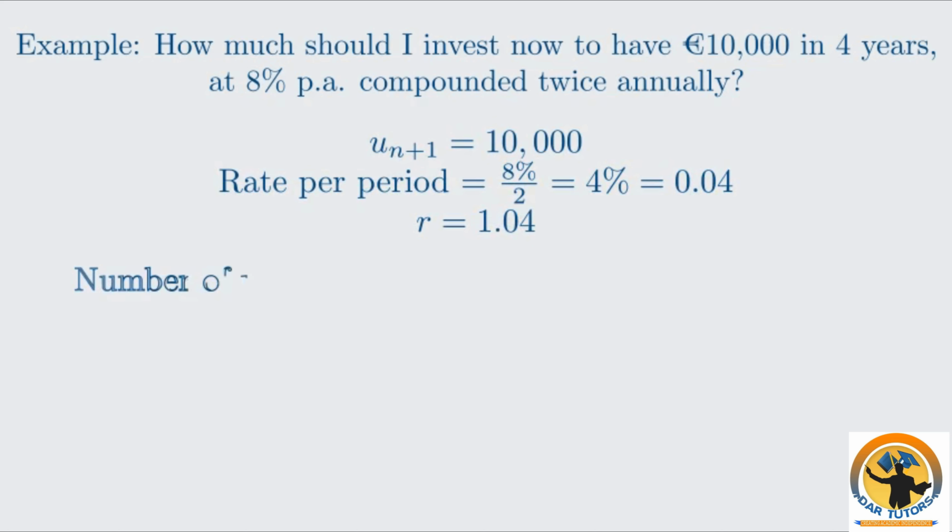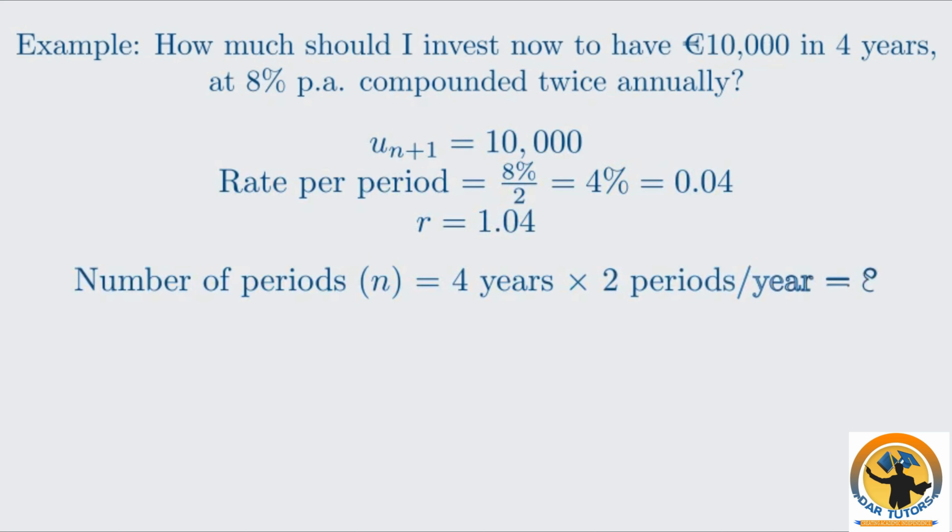The investment is for 4 years, compounded twice annually. So the total number of compounding periods, n, is 4 times 2, which is 8. Now we use our formula and solve for U_1. Our formula is U_{n+1} equals U_1 times R to the power of n.